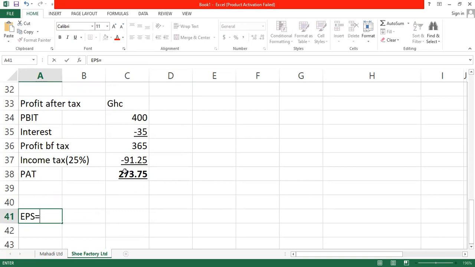So the profit, which is 273.75, is now the profit attributable to the ordinary shareholders. So profit after tax divided by number of ordinary shares.